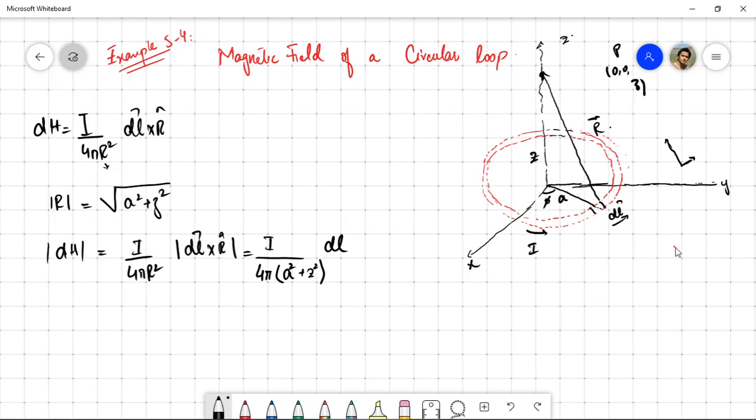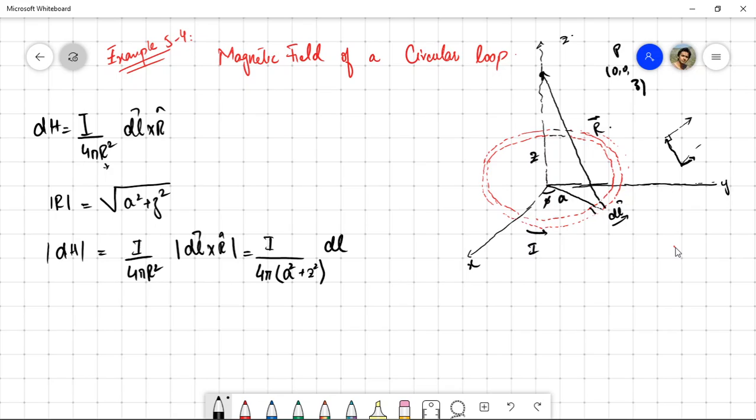So dH basically has to be perpendicular to both these vectors. So if we draw dH like this, it is perpendicular to this, and dH is also perpendicular to this thing.